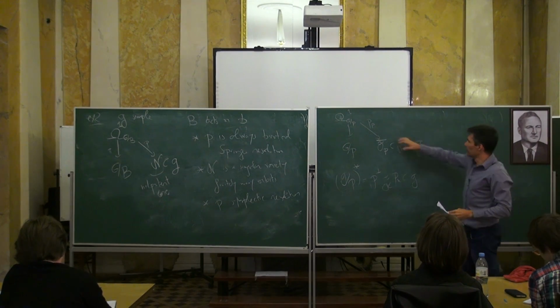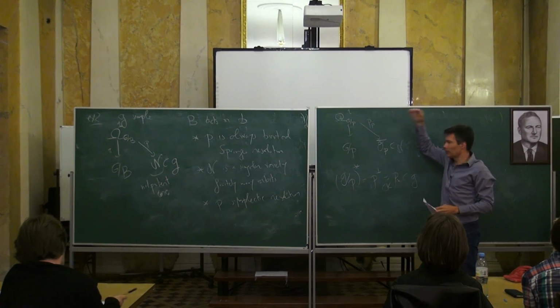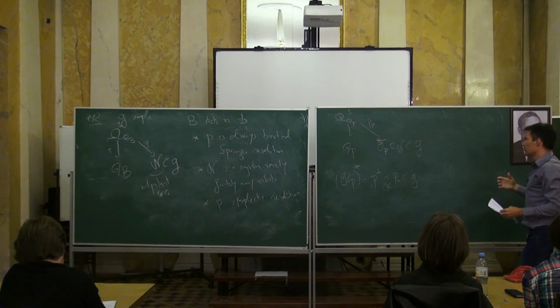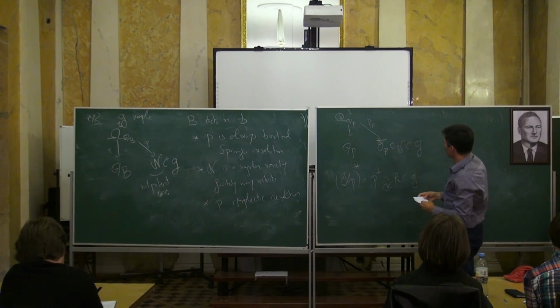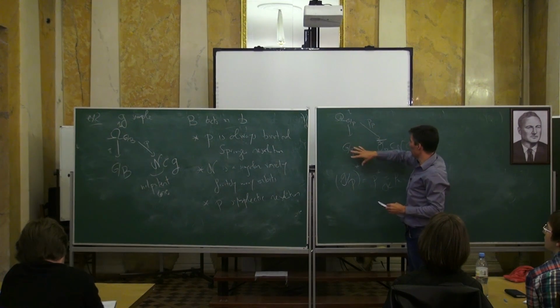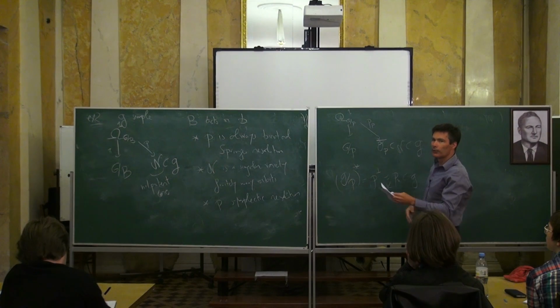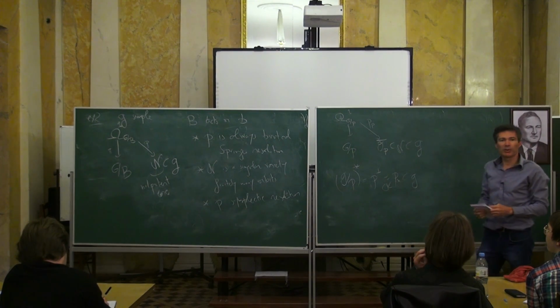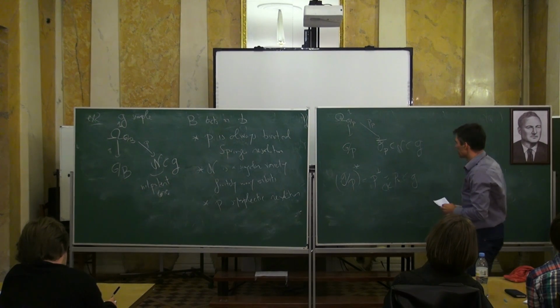Bad news are that these maps are no longer always birational. It may happen that they are not. In general they are, but there are a few exceptions. And the good news is that you can find different G mod P's which give you the same orbit closure. So it gives you, again, interesting birational morphisms between different varieties.